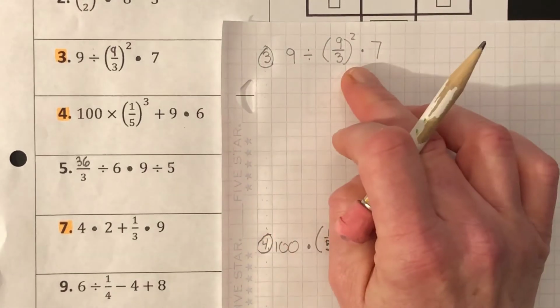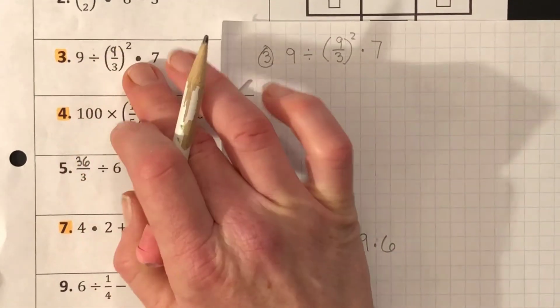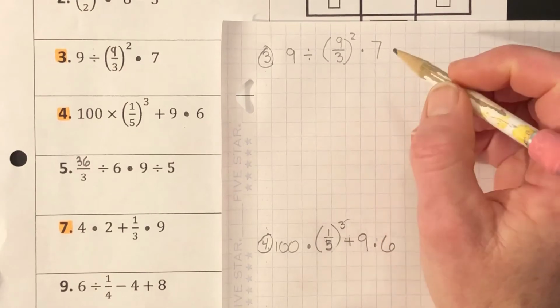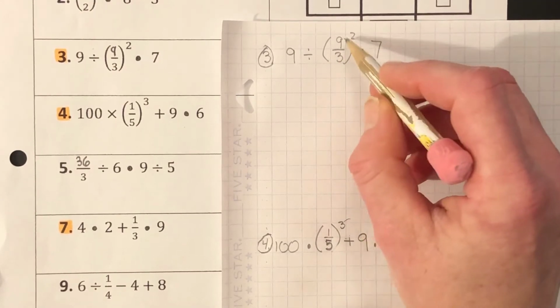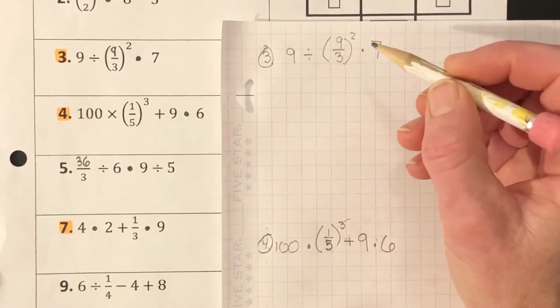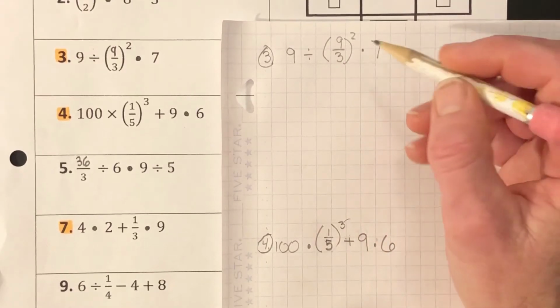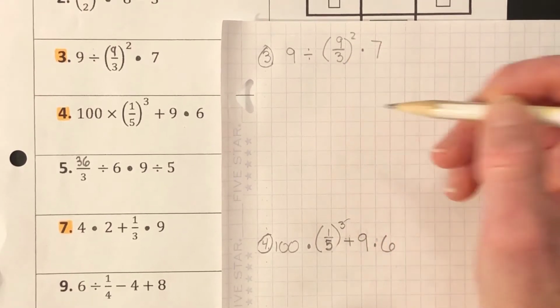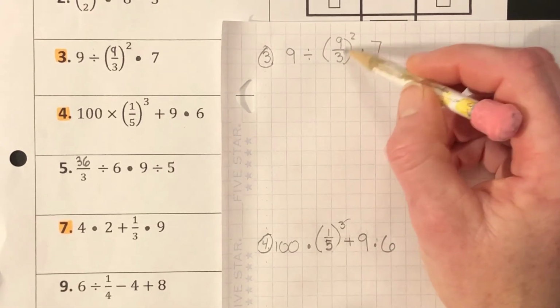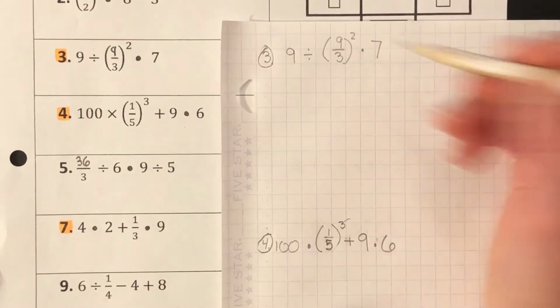I copied this directly off of the paper, so I haven't done any steps yet. What I noticed first, I was just about to expand this out and write it in expanded form, but then I realized, well, this isn't just any fraction, this is a convertible fraction. I can make this whole thing easier by converting it to 3 wholes.